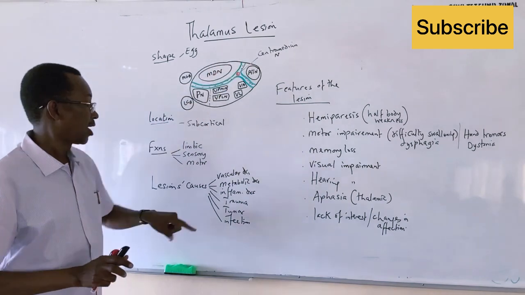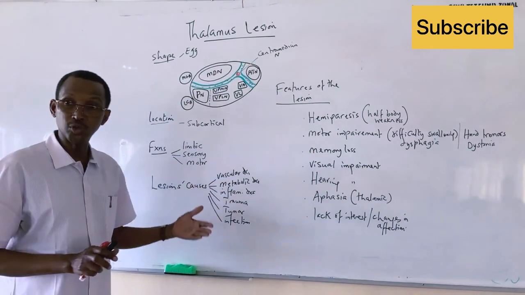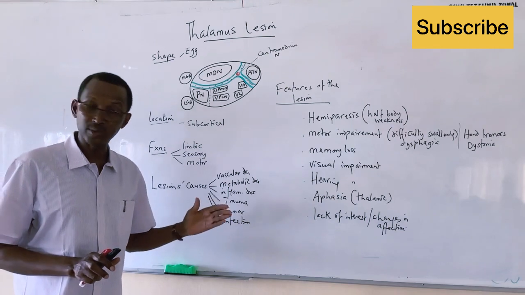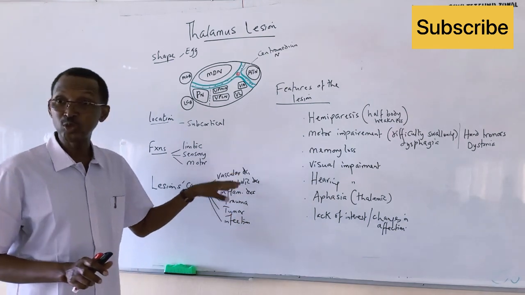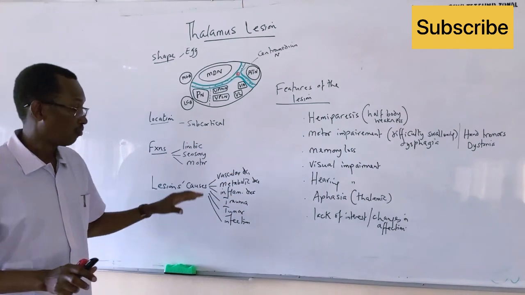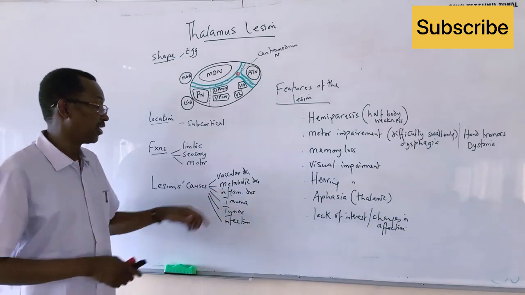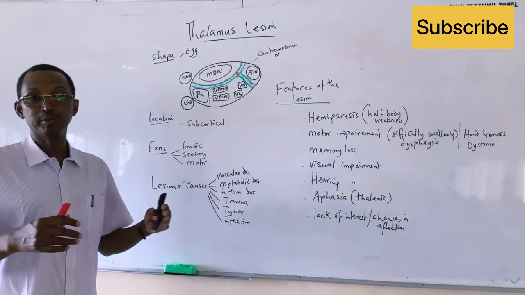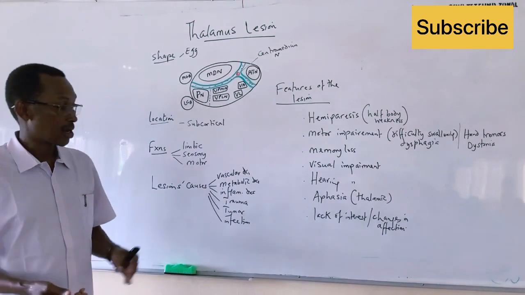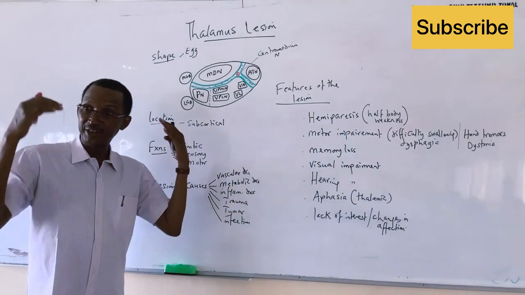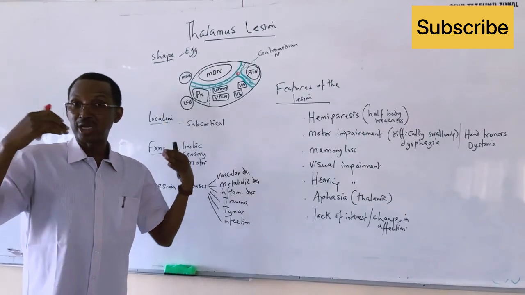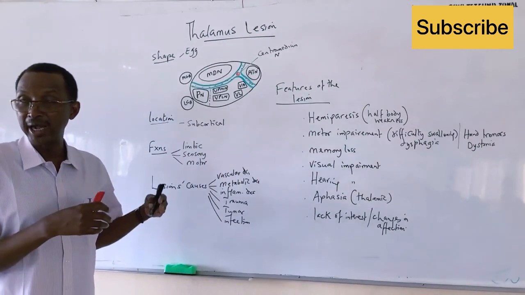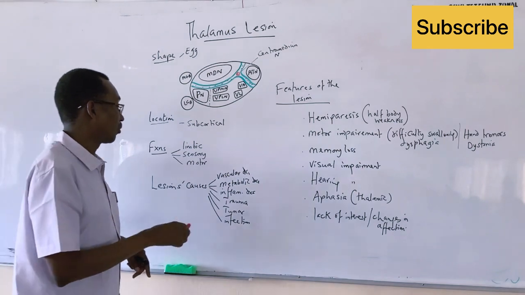You understand? Similarly, metabolic diseases that I've told you, hypertension and diabetes mellitus, are the ones that can cause these vascular diseases or vascular injuries. Similarly, inflammatory diseases, as a result of maybe certain chemicals, can cause inflammation that can affect the cerebral hemisphere, which can also go and affect the thalamus.